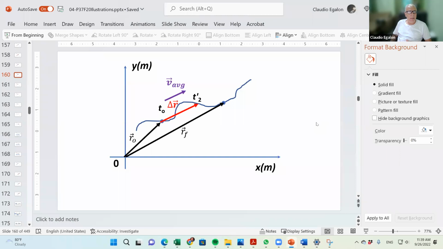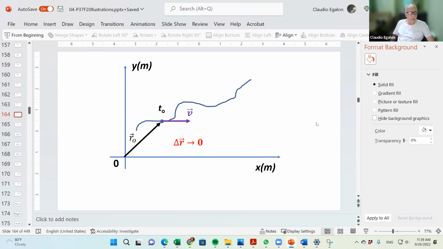And because delta t is going to 0 simultaneously, in synchrony with delta r, the average velocity in the limit is still going to be a finite number. The average velocity, which is tending towards the instantaneous velocity, is still going to be a finite number, and that's what's happening here.